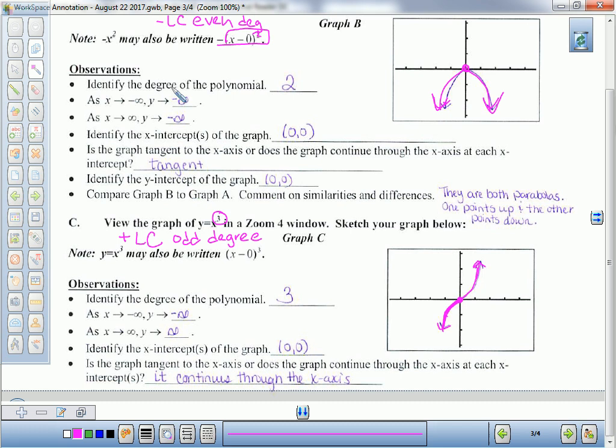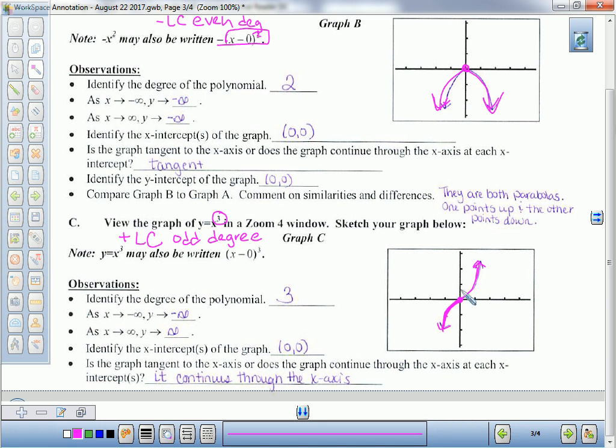Where it passes through, it changes concavity. It passes through with an inflection. Y'all see how it curves there? It's not a straight line. It doesn't go straight through. It changes curvature right there at that inflection point.